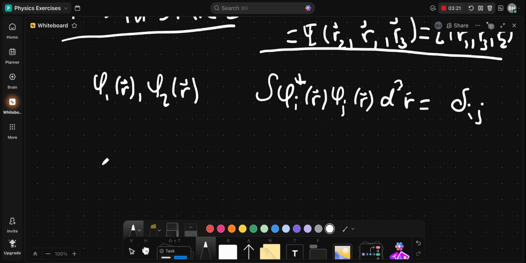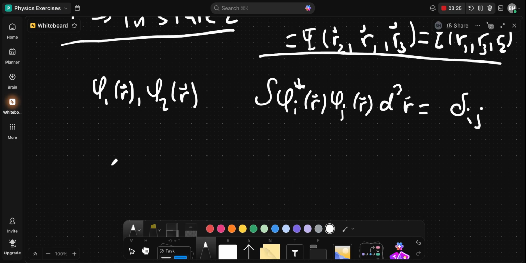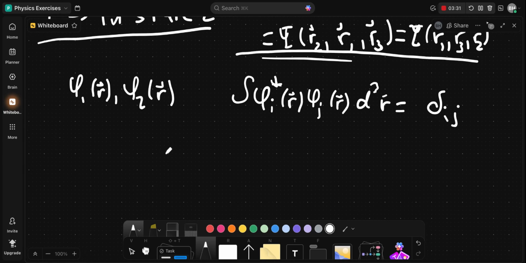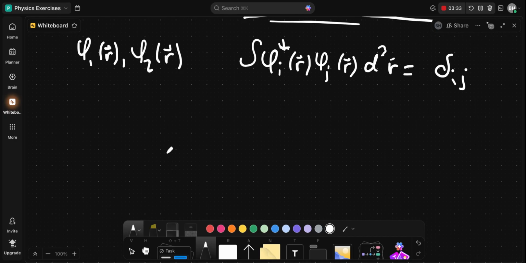I want to write the wave function for this system so that the bosonic symmetry condition that I wrote here and here is satisfied. One can do this easily just by looking at it. Before I write this, let me make a notational simplification.